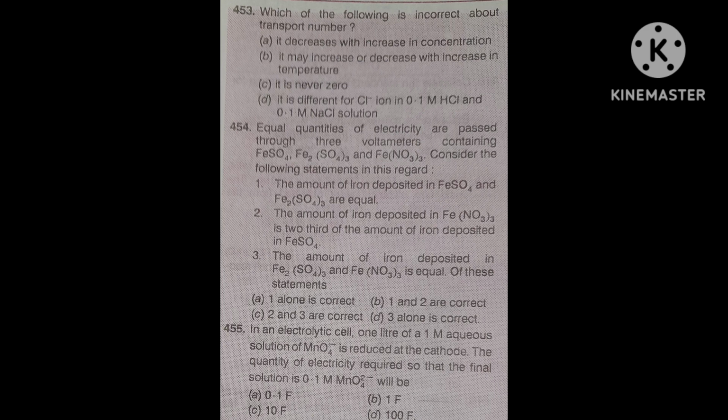First statement: the amount of iron deposited in FeSO4 and Fe2(SO4)3 are equal. Second statement: the amount of iron deposited in Fe(NO3)3 is 2/3 of the amount of iron deposited in FeSO4. Third statement: the amount of iron deposited in Fe2(SO4)3 and Fe(NO3)3 is equal.